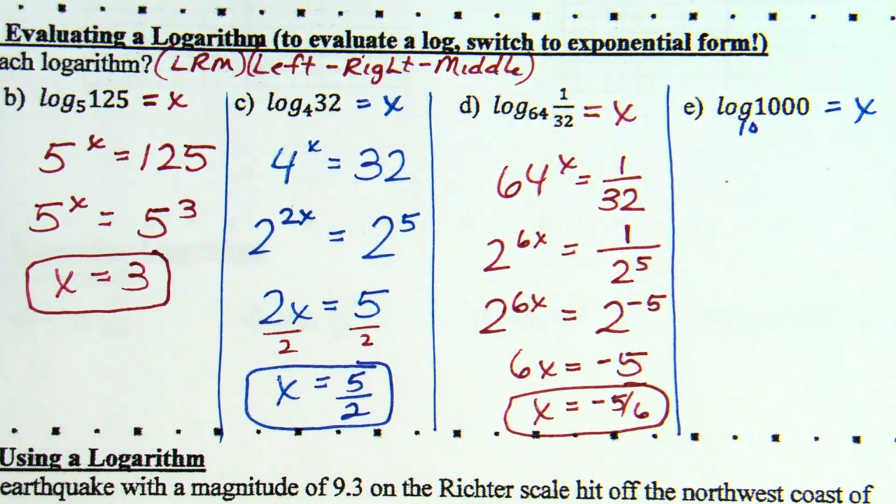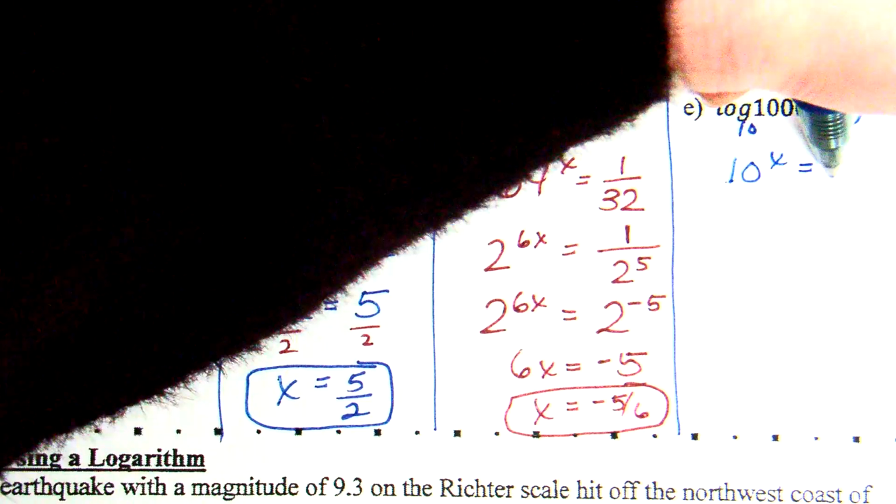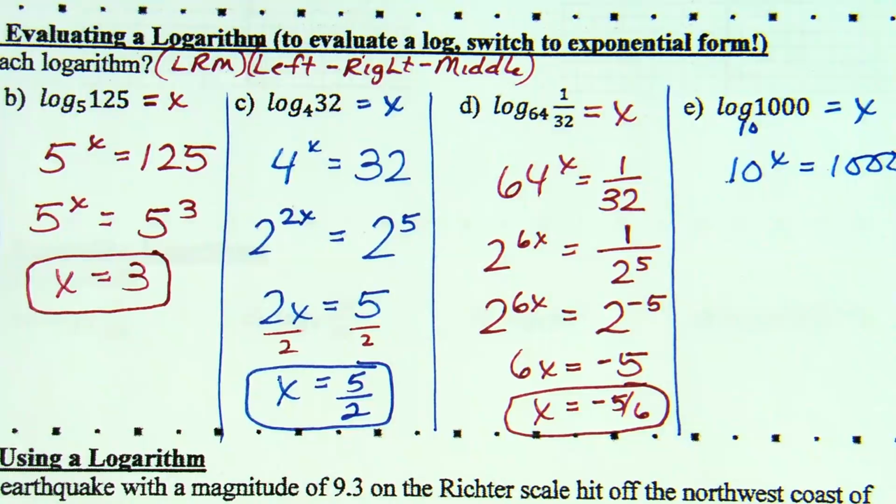What is this? 10 to the x equals 1,000. I didn't put tens on your yellow paper because I would like to think we know those. Okay? 1,000 can be rewritten how? There's how many zeros? 3 zeros, so 10 to the third.